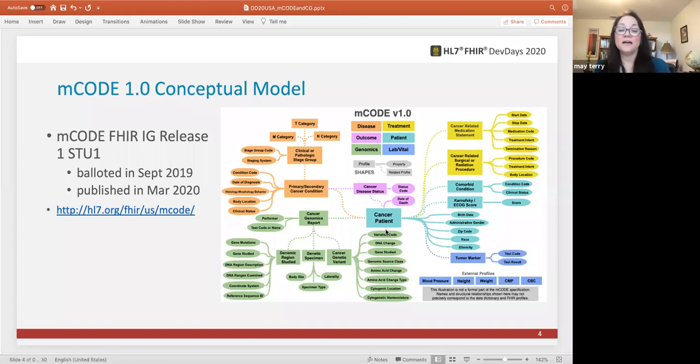And then for two of the key ones I will be focusing on a little bit more, to the right, dark blue, there are labs and vitals. You'll see that there is a certain set of elements related to tumor markers. And then you'll also see that in green, there is this notion of a cancer genomics report.